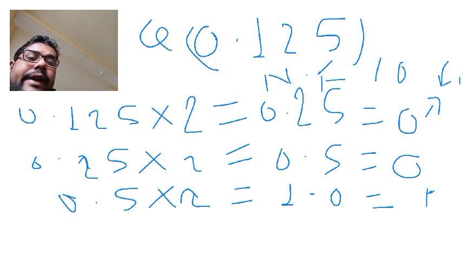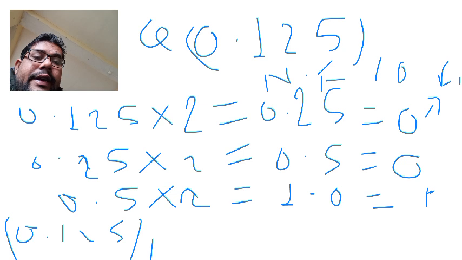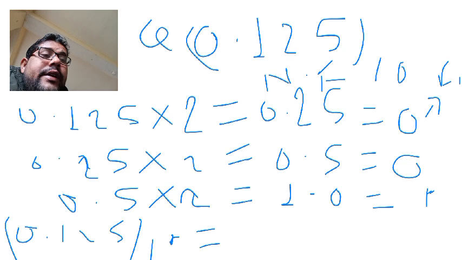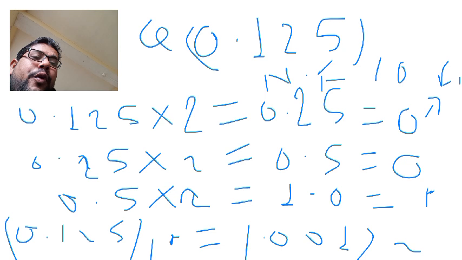So how can we write? 0.125 in decimal is equal to 0.001.